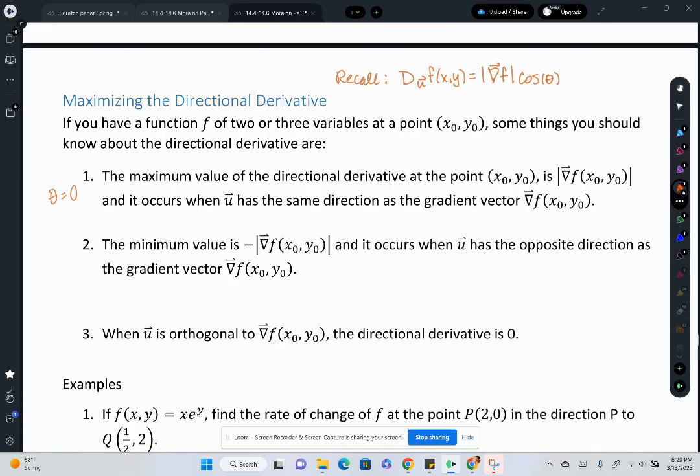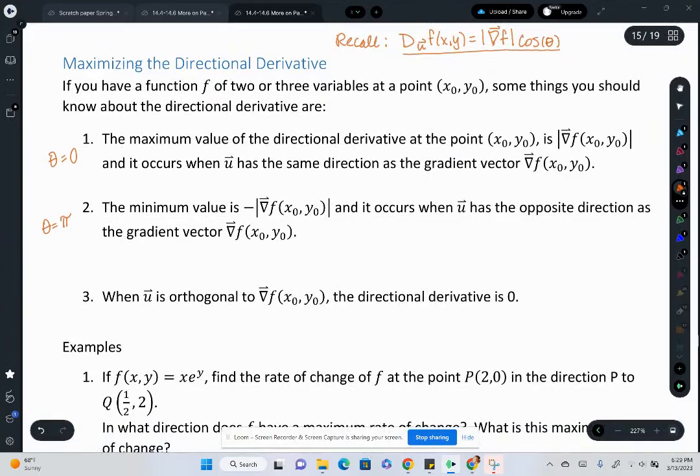If a unit vector is pointing in the opposite direction of a gradient vector, that means that the angle between them, theta, is equal to pi. So going back up here to the directional derivative being equal to the magnitude of the gradient vector times cosine of theta, cosine of pi is -1, and that's where we get that negative sign in front here.